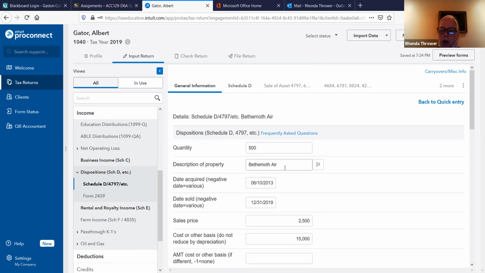It's Beethma stock. This time, this is the stock that was sold to the uncle, so it's not a related party transaction. It has the same date acquired and the same date sold. They sold these shares for $5 each. 5 times 500 is $2,500 as the sales price. The cost is $15,000, which is half of $30,000.